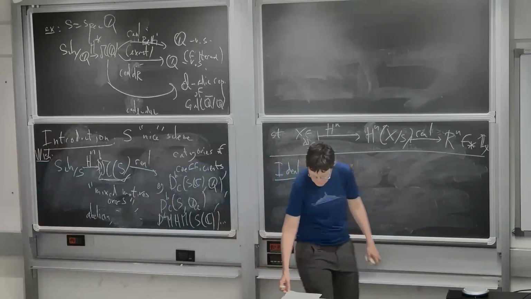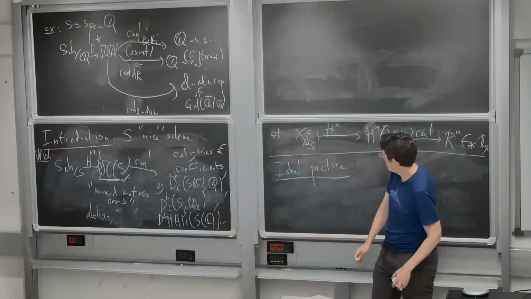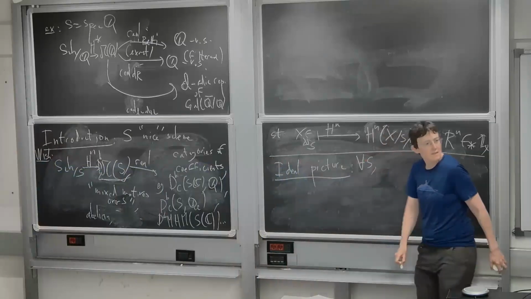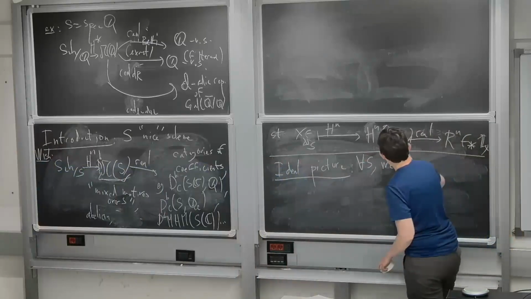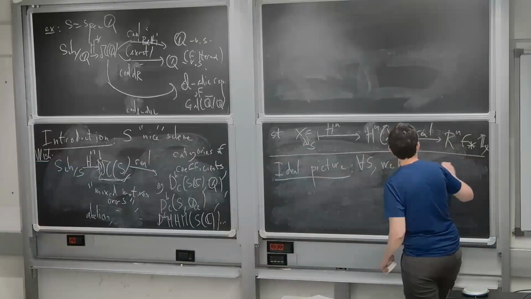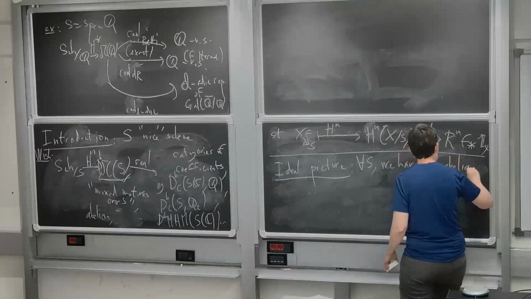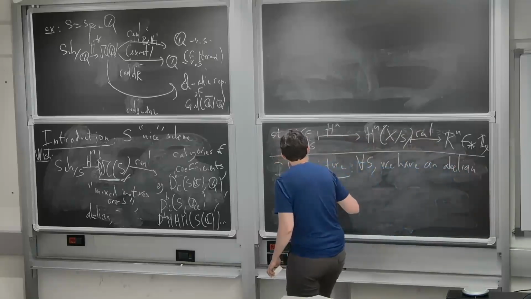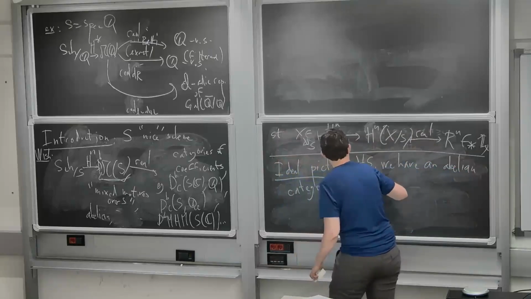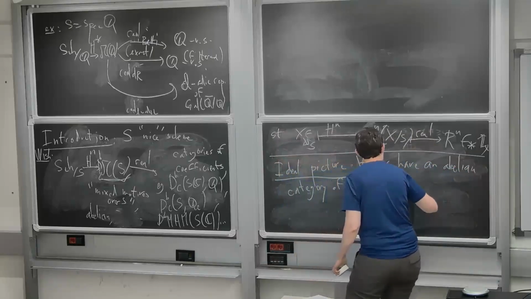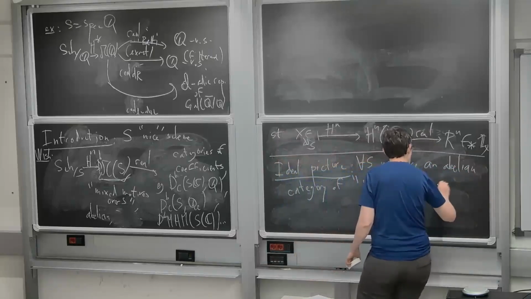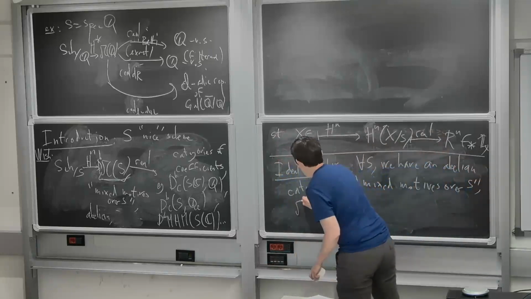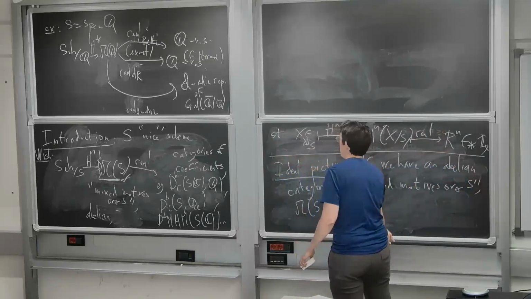Okay. So the ideal picture is that for every S, we have an abelian category of mixed motifs over S. Let's call it M of S, and this is a really small board.